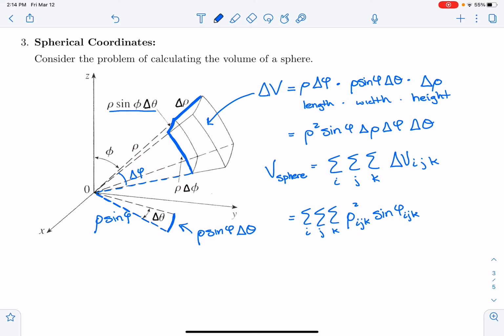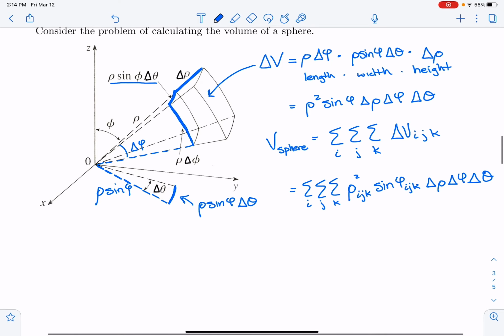And then we've got delta rho delta phi delta theta. So we're going to sum that to get an approximate volume of the sphere.